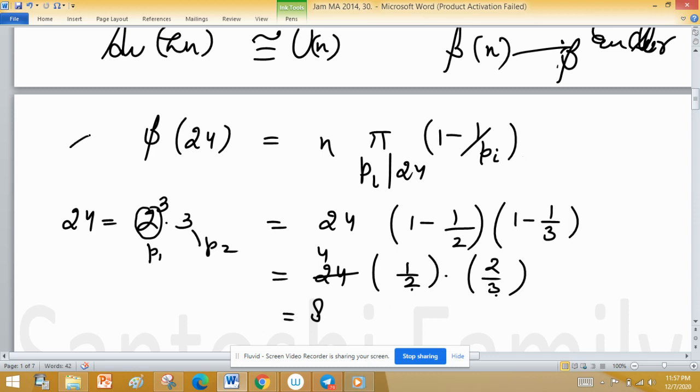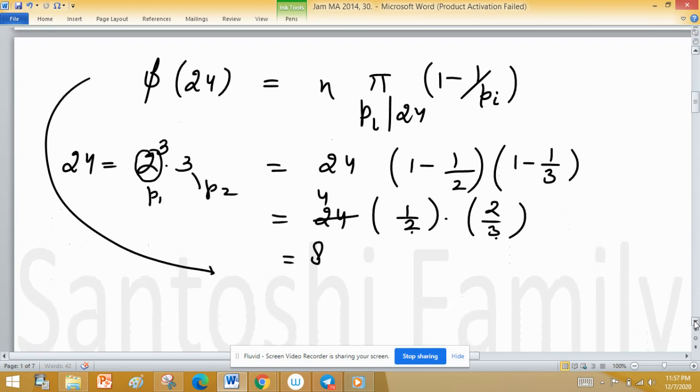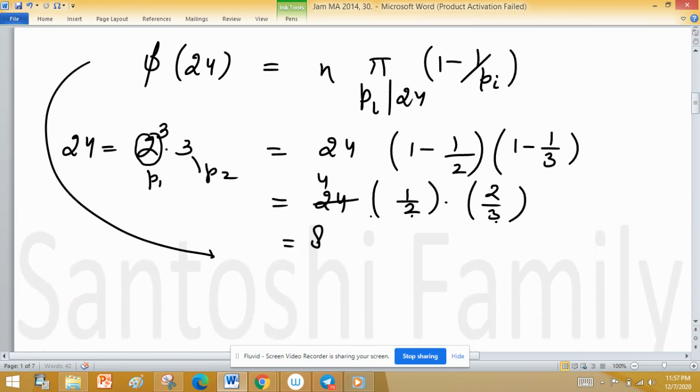This formula, the Euler phi function, can be easily evaluated as 24 can be written as 2 raised to the power 3 into 3, and this is the product over the p_i's, where the p_i's are the prime divisors of 24, and this is 1 upon p_i.